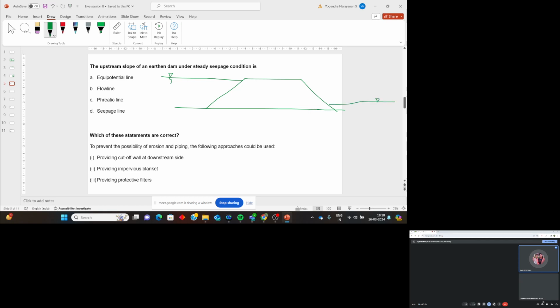This is upstream, this is downstream. What is the upstream slope? This is the upstream slope. So this upstream slope is what type of line? Whether it is an equipotential line, a flow line, a phreatic line, or a seepage line.